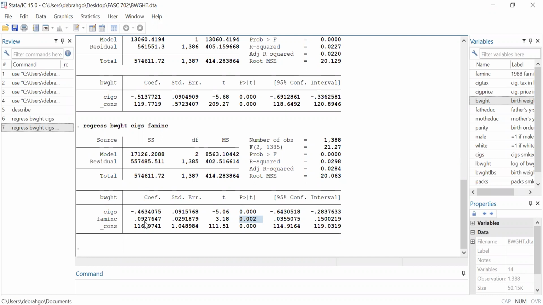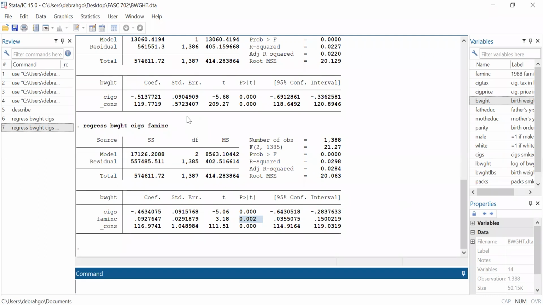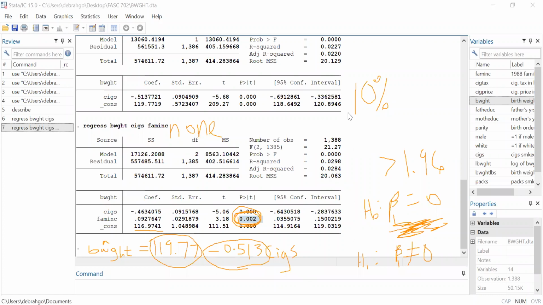Is that okay? What about the equation for this? Yes, the equation for this. You take the constant, then the family income, then the cigarette. The equation I'm trying to erase, you just add the family income part.